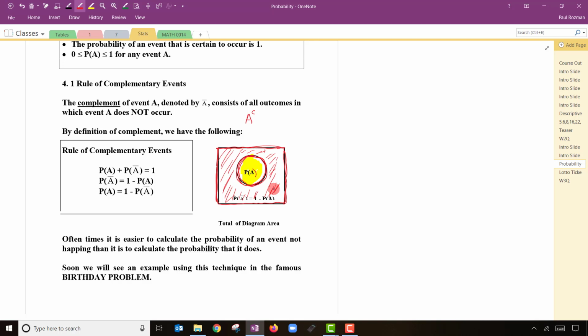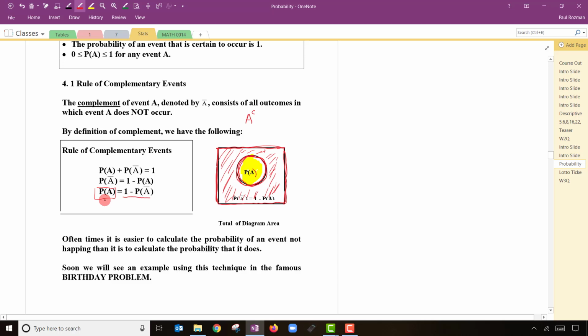It turns out that a lot of times it's hard to calculate the probability of something, but it's easier to find the probability of its opposite or complement. So we can take advantage of this equation and rearrange it. If you want to know the probability that A happens, you can just do 1 minus the probability that it doesn't. So we'll use that complement rule quite a bit, where the complement is easier to find than trying to solve something directly.